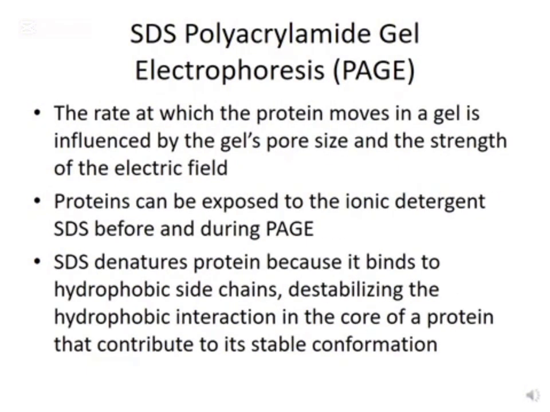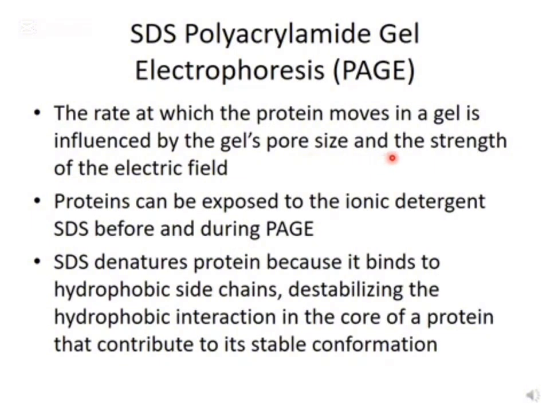The rate at which proteins move through an electrophoresis gel is dependent on two factors. The gel's pore size, which we can control by controlling the cross-linking in the gel. So the more cross-linking we have, the smaller the pore size, and the smaller the pore size, the more resistant it is for the movement of the protein, so the slower the movement of the protein in the gel is.